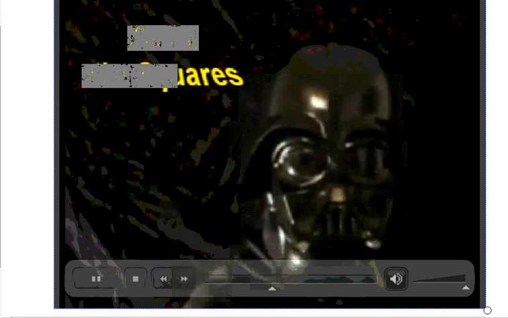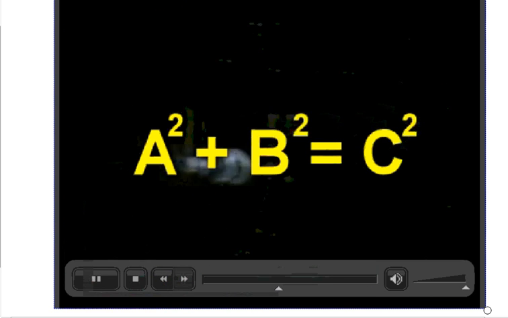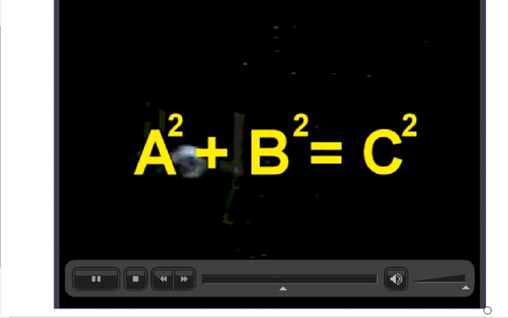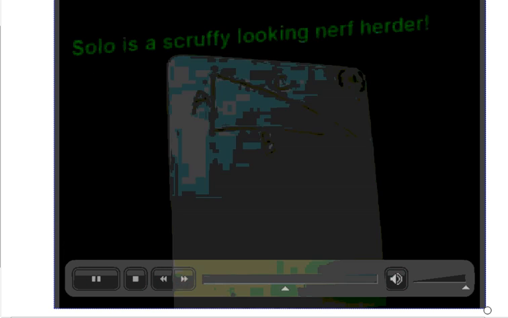Don't underestimate the dark side of the triangle. To find side C, you are free to use any methods necessary, but no disintegrations. The Pythagorean Theorem states that the sum of the squares of the two short sides equals the square of the hypotenuse. A squared plus B squared equals C squared. All too easy. Let's look at an example.